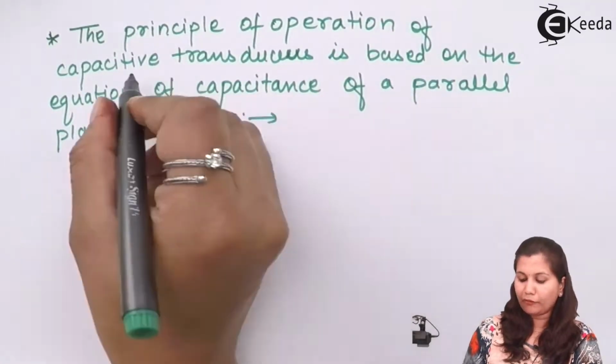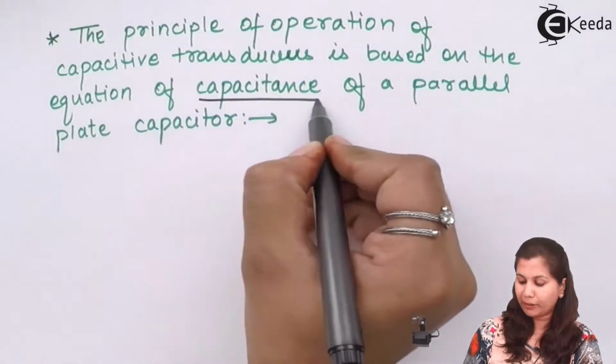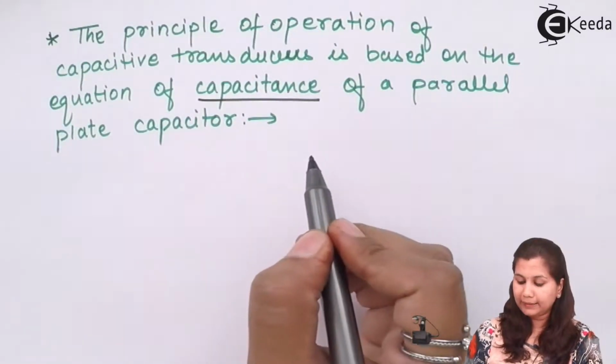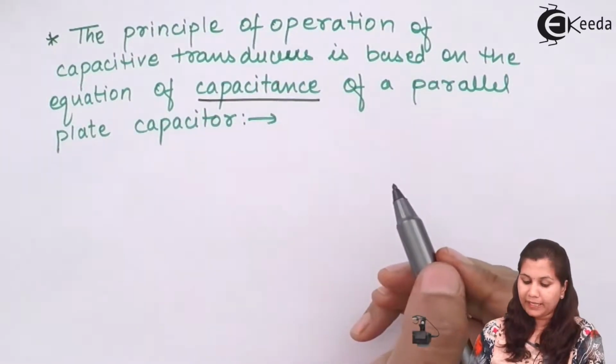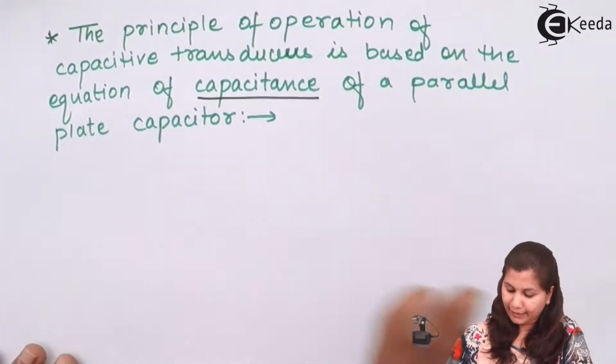The principle of operation of a capacitive transducer is based on the equation of capacitance of a parallel plate capacitor. If we see a parallel plate capacitor, its diagram will be like this.